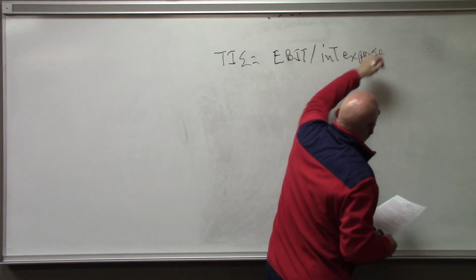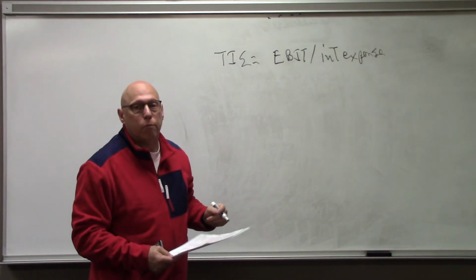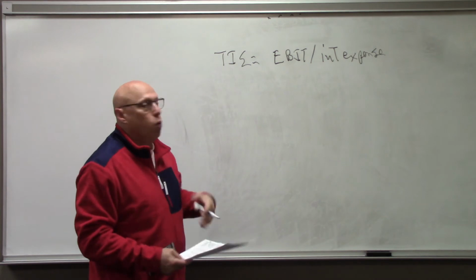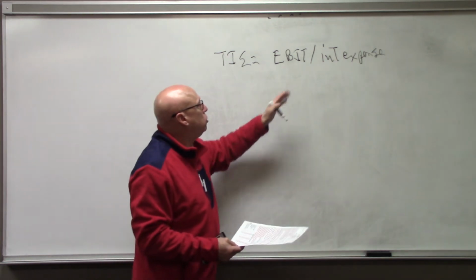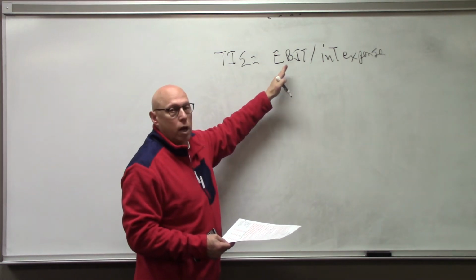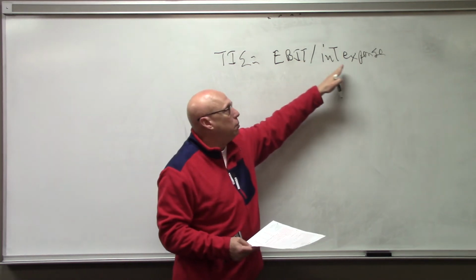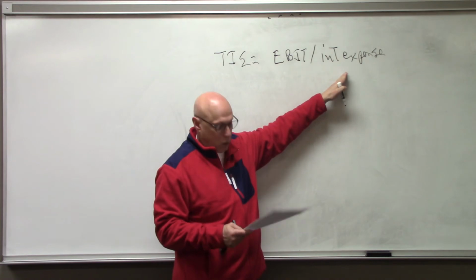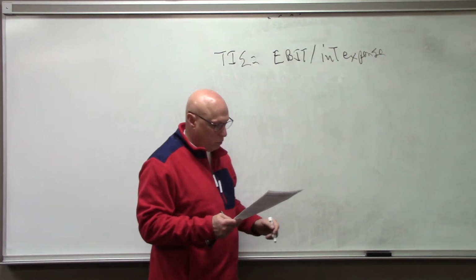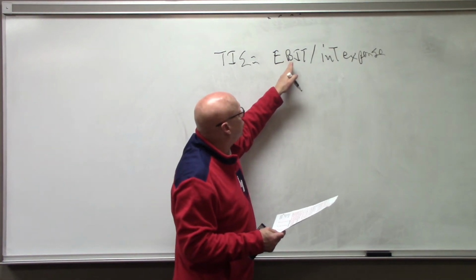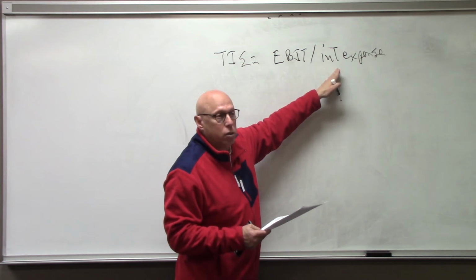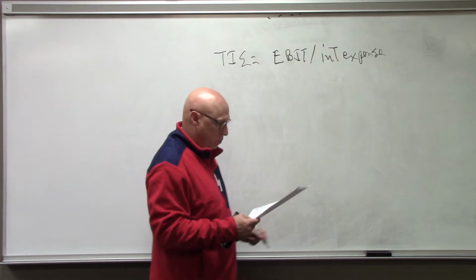These two items are the first two items that come from the income statement. What are we trying to do here? We're trying to determine how much operating profit we have that is available to pay our interest expense. So the higher this is relative to this, the more liquid a company is.